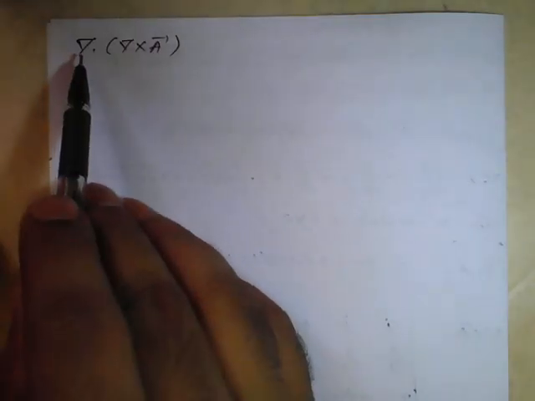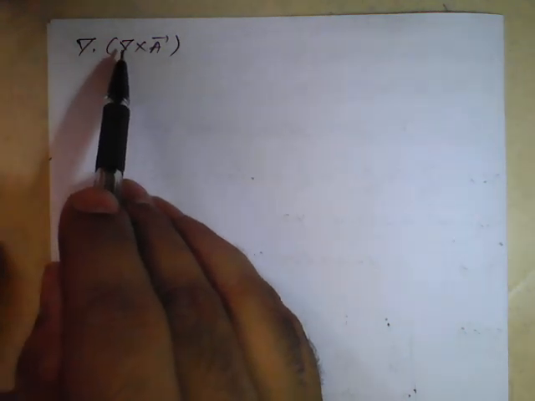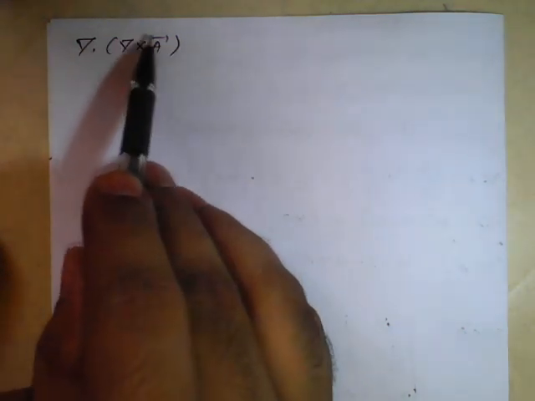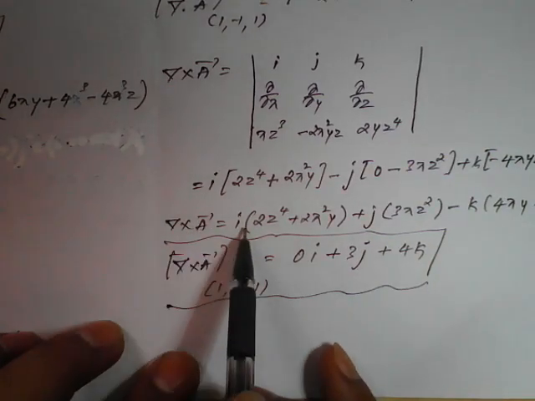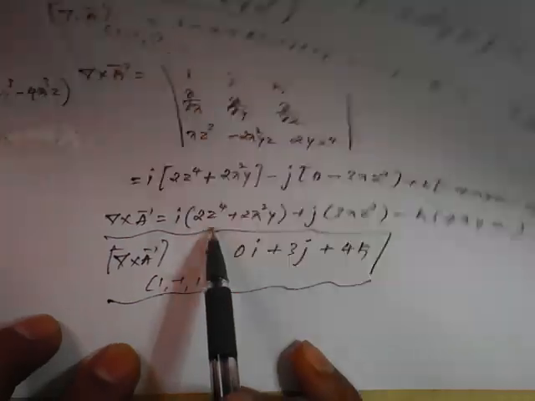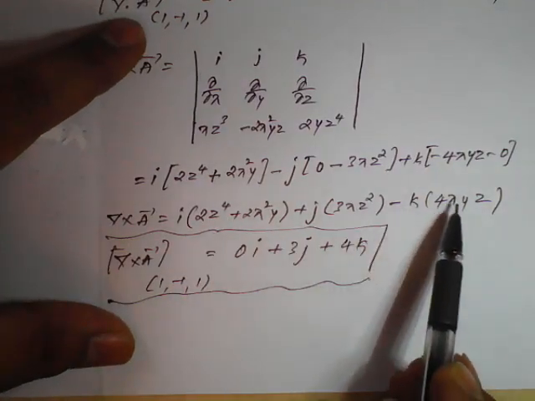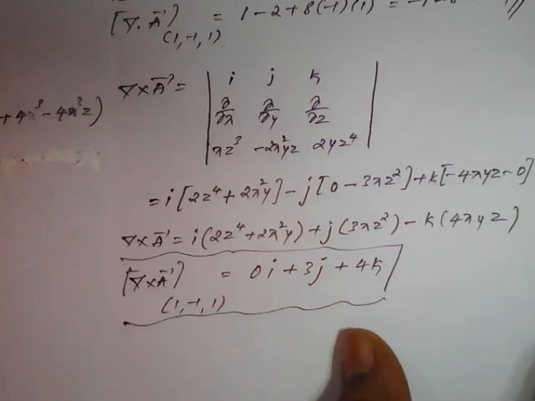Now we need to calculate del dot of del cross vector A. As we know, del cross vector A we have just calculated, without passing through the point; that result you have to remember. So I will rewrite that one.